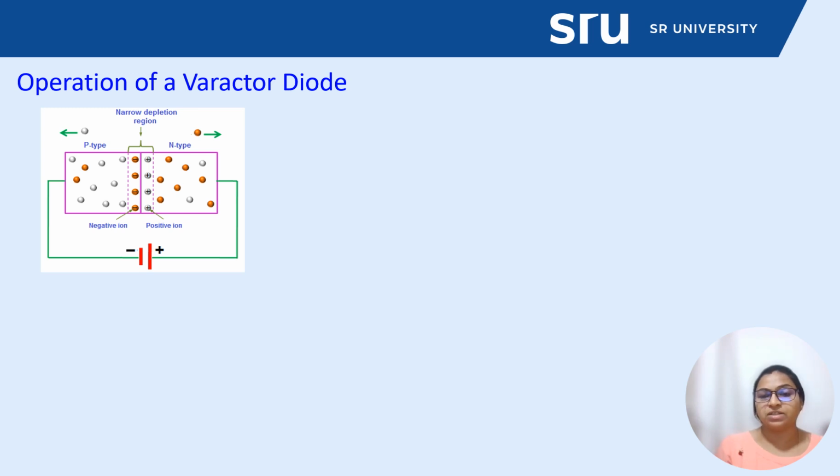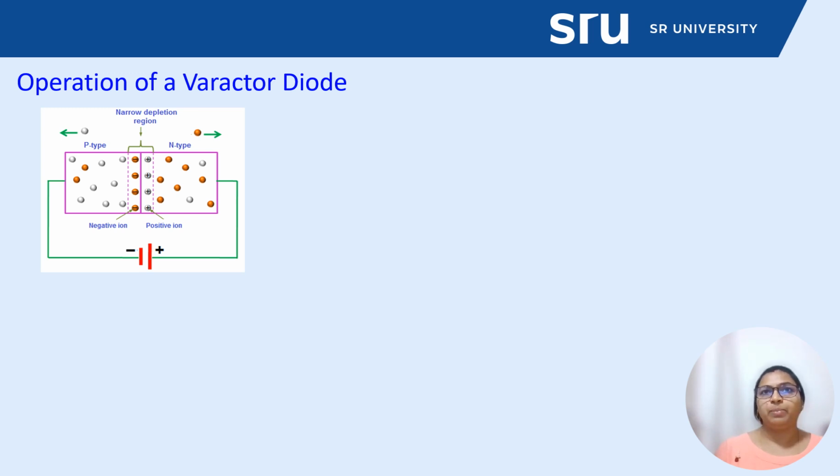So how does the operation occur in the Varactor diode? How does a Varactor diode work? As we shared in the introduction, a Varactor diode is always operated in reverse bias, because in reverse bias the electric current does not flow. When forward bias voltage is applied, the electric current flows through the diode.